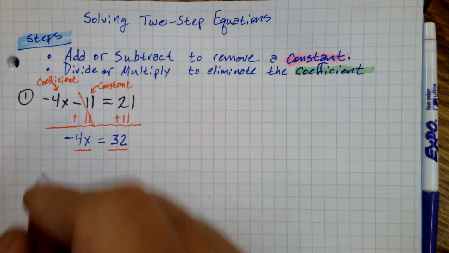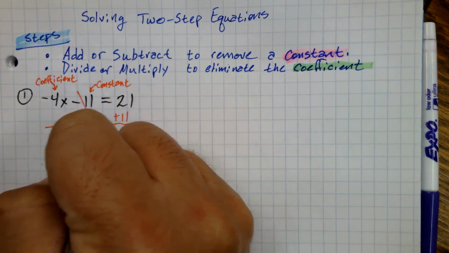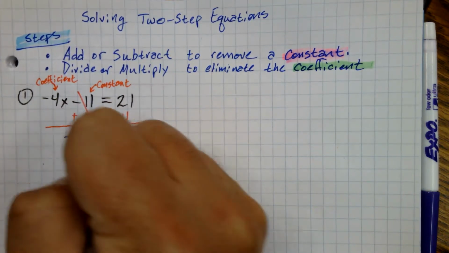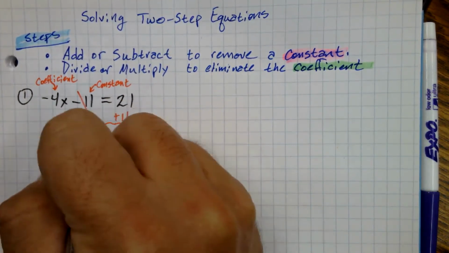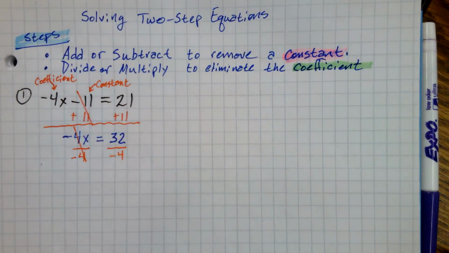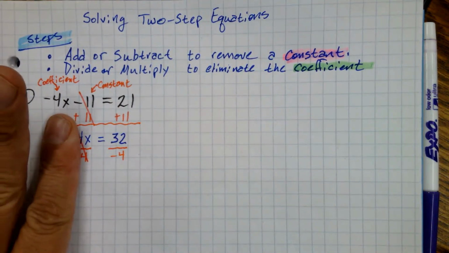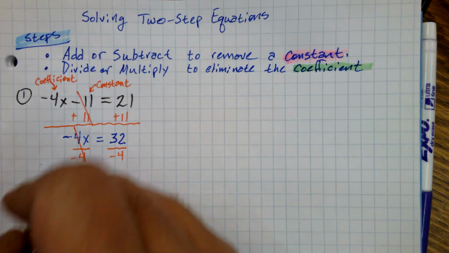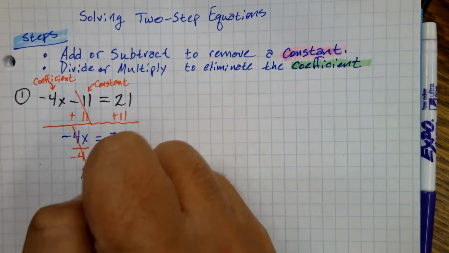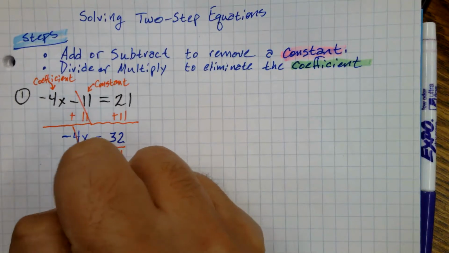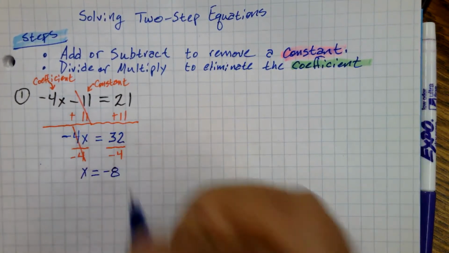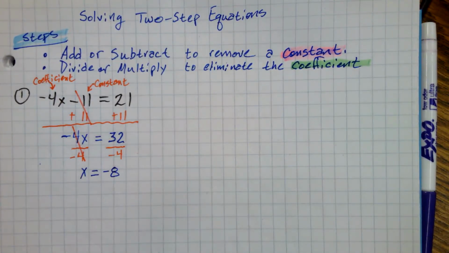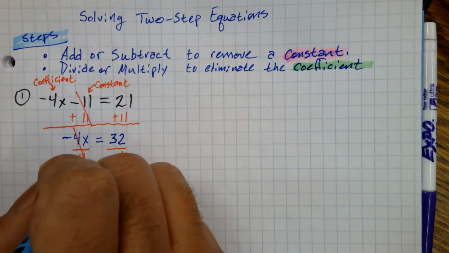If it's a negative, divide by that negative. We're going to divide by negative 4. Because negative 4 over negative 4, that's a great big one. 1 times x is just x. So we end up with this answer. x equals negative 8. 32 divided by negative 4. Okay? And that is our solution.